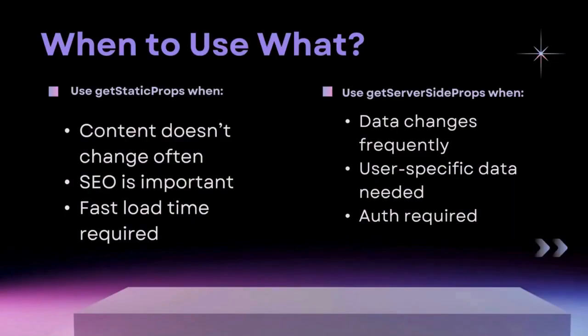Now, when to use what? Use getStaticProps when content does not change often, SEO is important, and fast loading time is required. Use getServerSideProps when data changes frequently, user-specific data is needed, or authentication is required. That is when we use these.